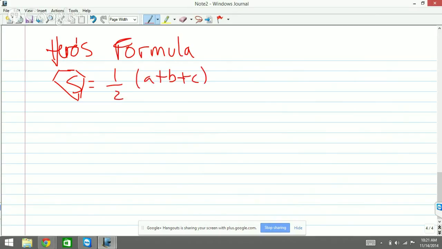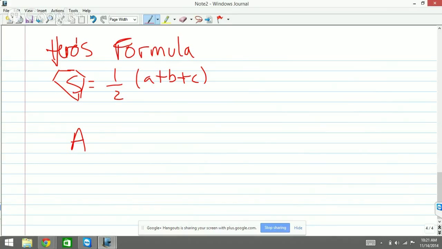Calculate S. Okay, Superman. Hero, Superman. I thought you'd make that connection. Okay, first step is to calculate S.